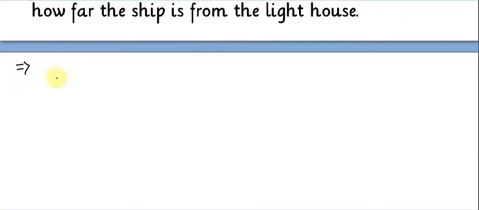So it's a simple one. Let's assume this line AB is the lighthouse and C is the position of the ship. This is the line of vision.